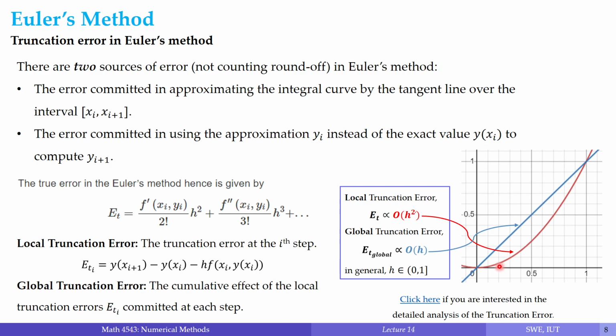You can check it out if you want. In Desmos, the curve looks something like this. The red curve is the h squared curve, and the blue straight line is the h line, the big O of h. So this is one intuition to justify the big O of the local truncation and the global truncation errors.